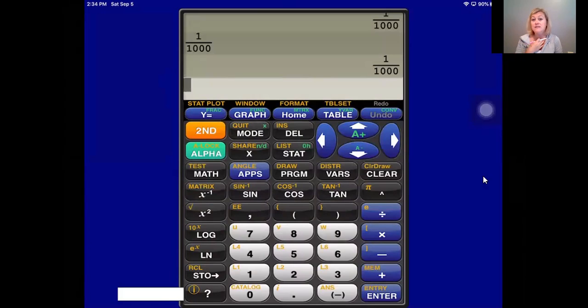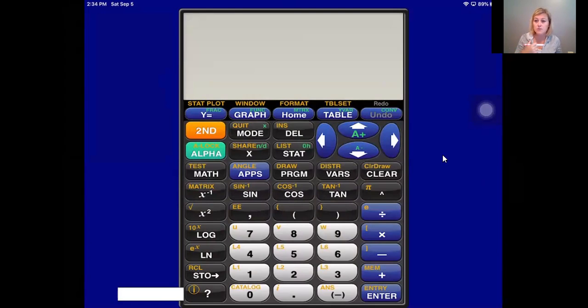Now, if you have a different calculator than this, you're going to want to see me because we have to make sure that you know how to use your calculator. Some of you have TI-30s or Casio brands, all of which are totally fine to use. It's just not the calculator that I'm going to be using for most demonstrations.